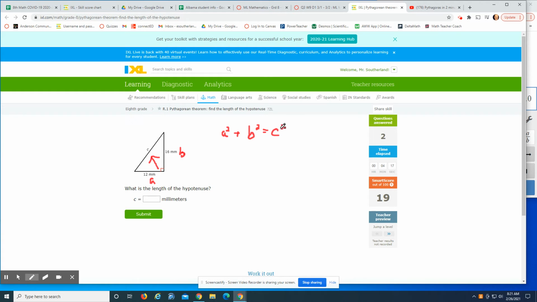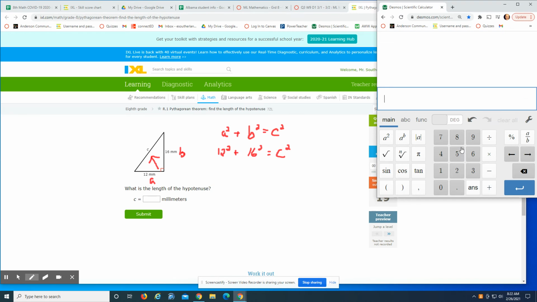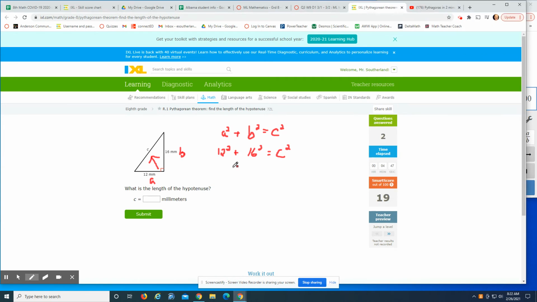Then we sub in our numbers. A is 12, so 12 squared plus 16 squared is going to be equal to c squared. Go back to your calculator. 12 squared plus 16 squared is 400.